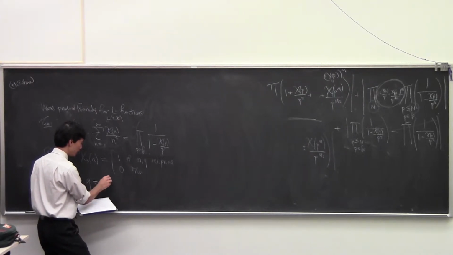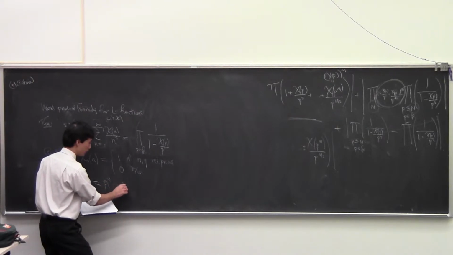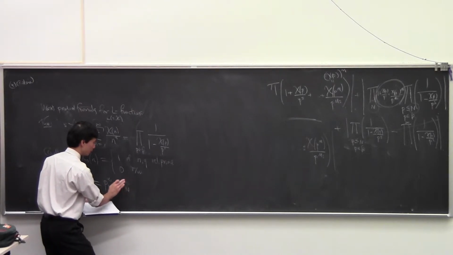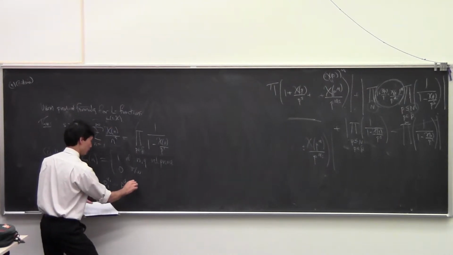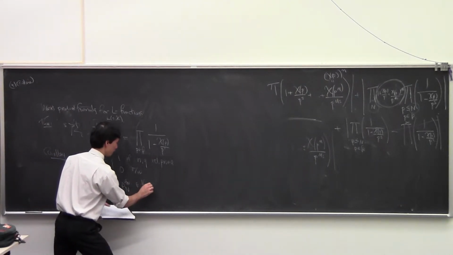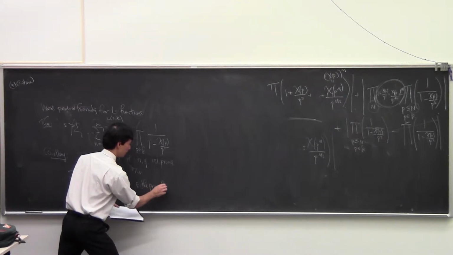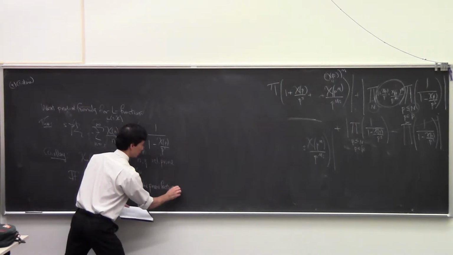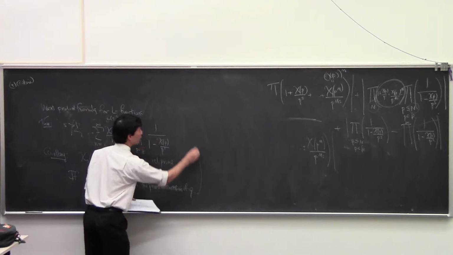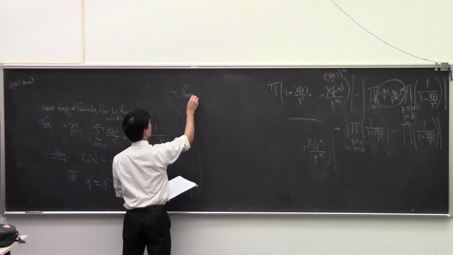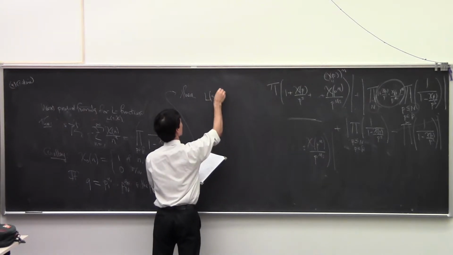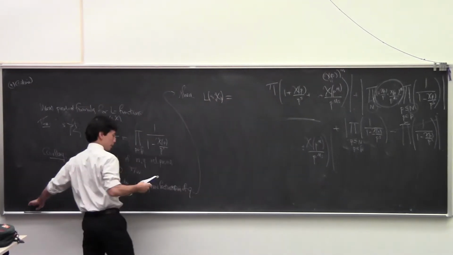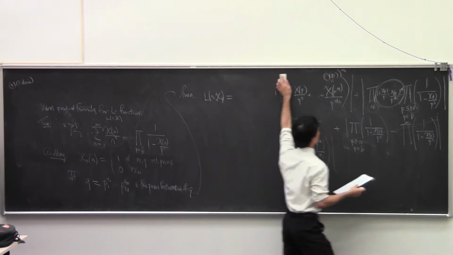So if q has a prime factorization, the prime factorization of q, then L(s, phi naught) is actually the zeta function times some constants.